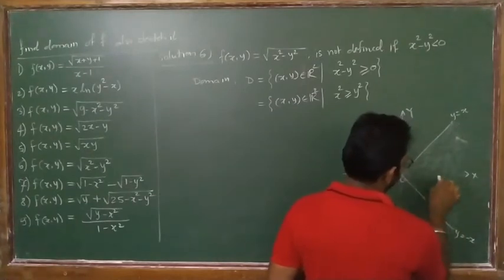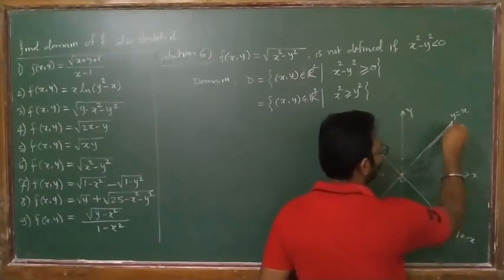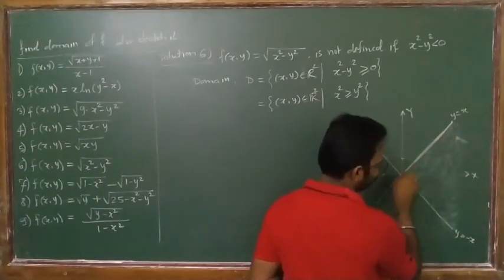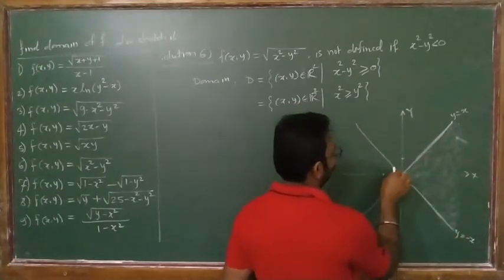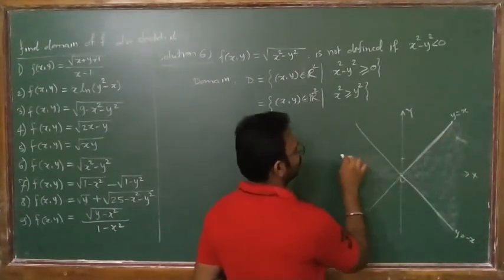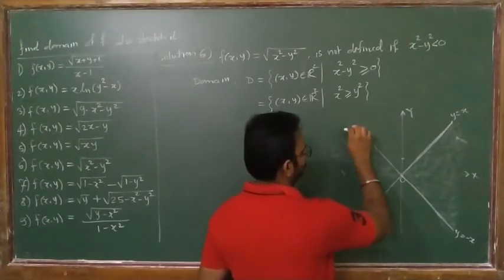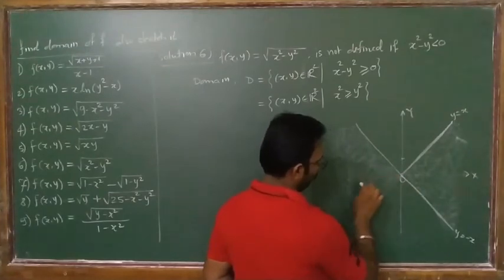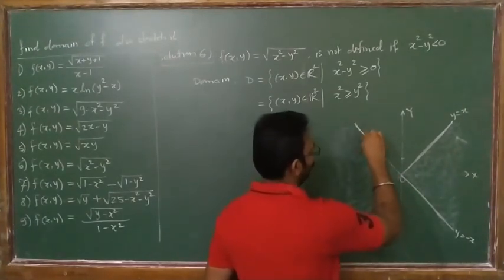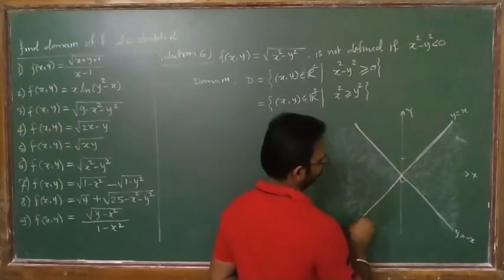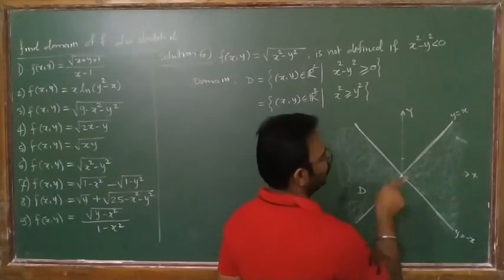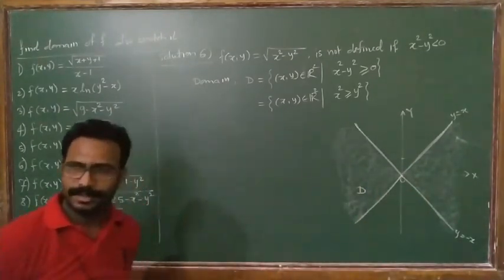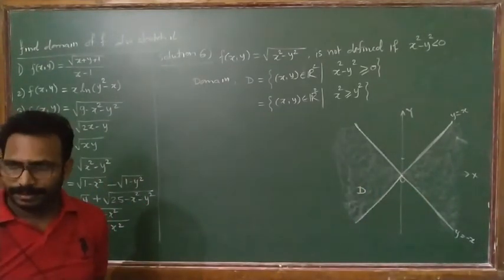Half part of the first quadrant and half part of the fourth quadrant, including boundary. And this part, half part of the second quadrant and half part of the third quadrant, including boundary. So the union of these two regions is the domain.